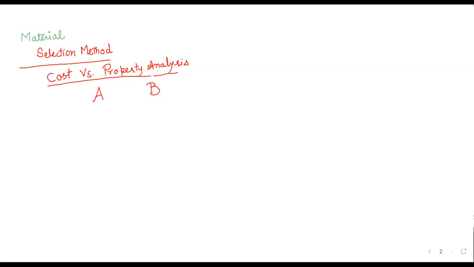The tensile strength of material A is sigma A and tensile strength of material B is sigma B. Density of material A is rho A and density of material B is rho B. Similarly, the cross-section area is AA for A and AB for B.